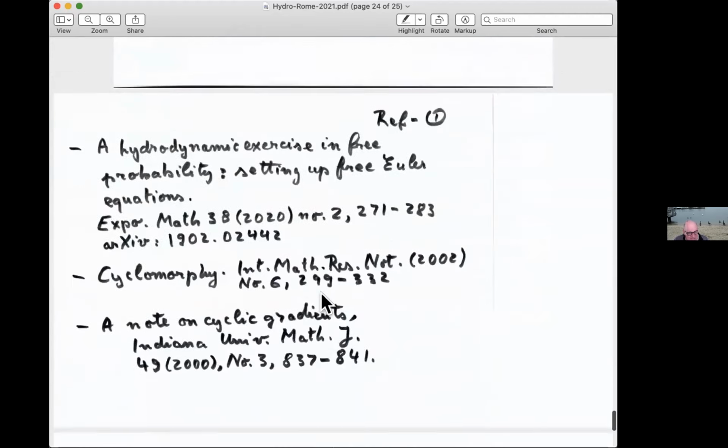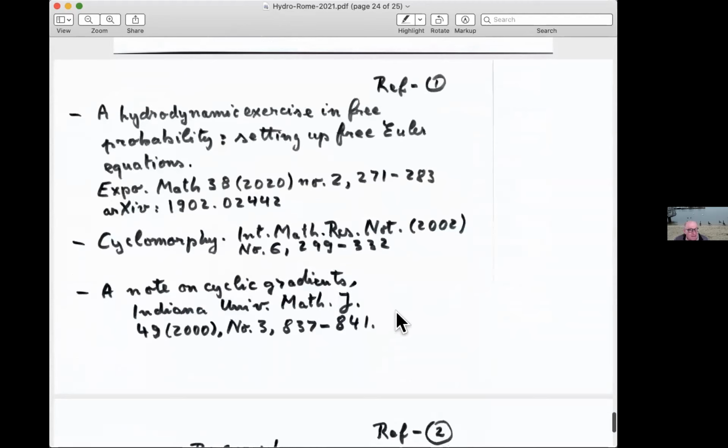Now let me say something about the references. There is my paper, a hydrodynamic exercise in free probability, setting up free Euler equations. It has appeared in Expositiones, and it's also available on arXiv.